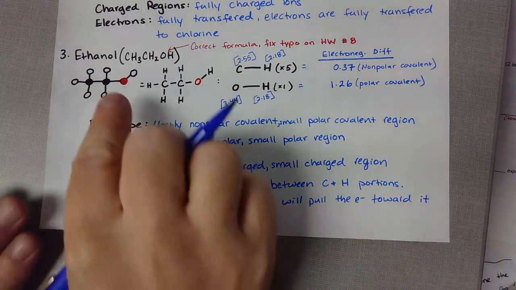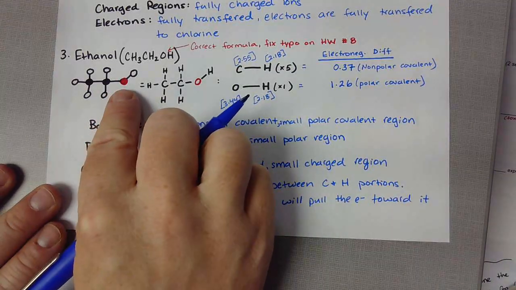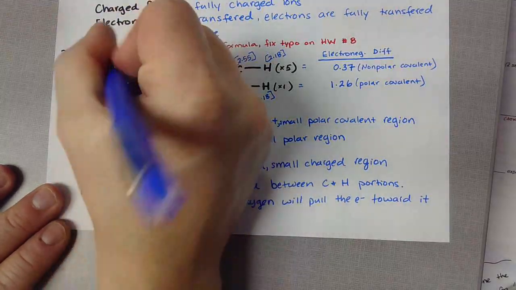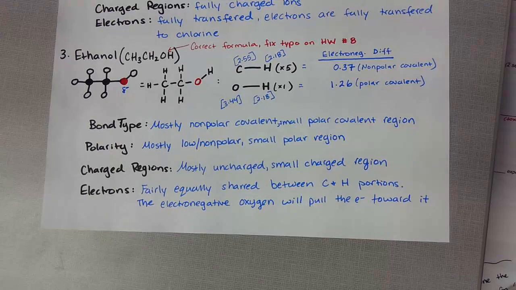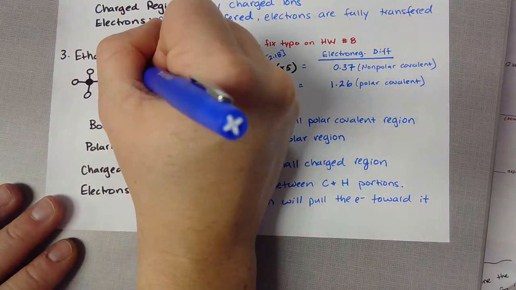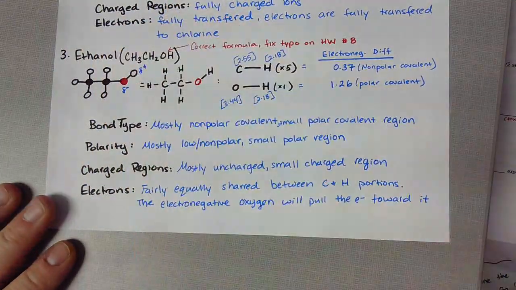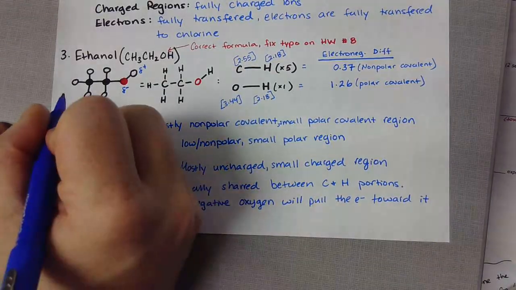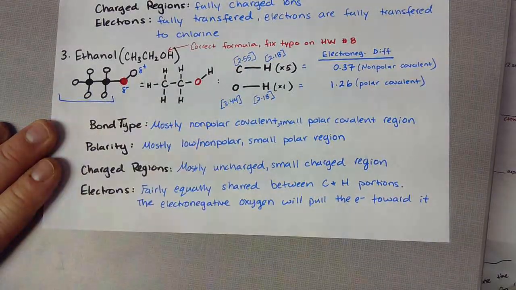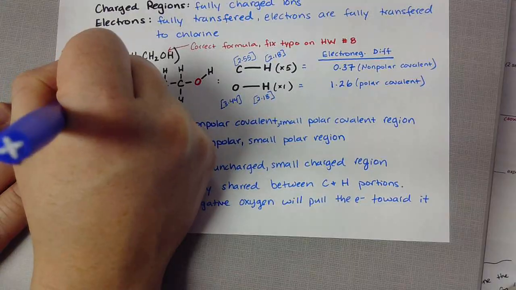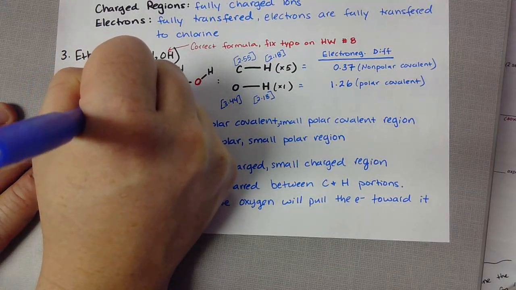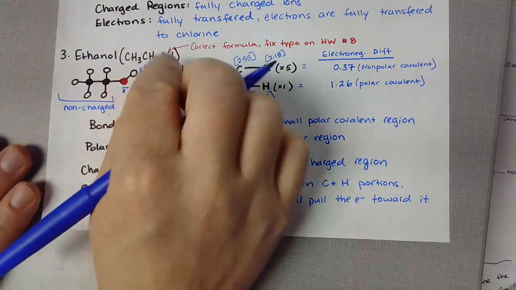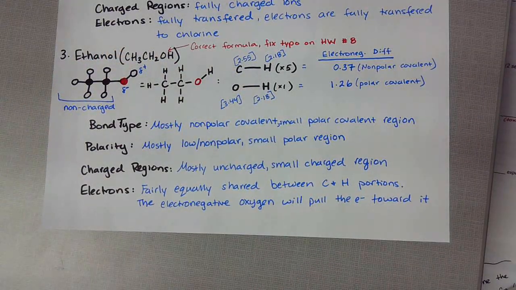So we are going to see this little tail have some charge trait. Because that oxygen is taking the electrons, it's going to have a negative trait. This hydrogen is going to have a positive trait. But most of the structure, no charged or non-charged. There's just one little part of the structure that has a charged component.